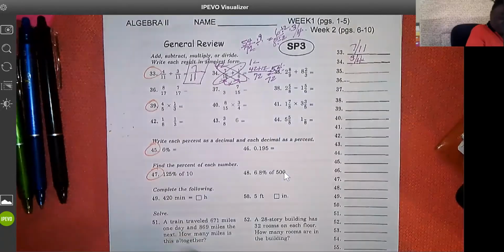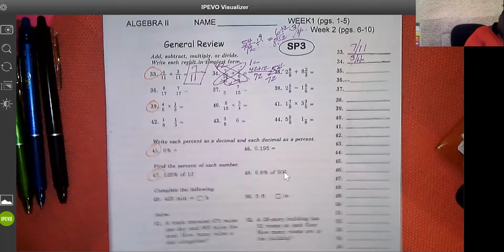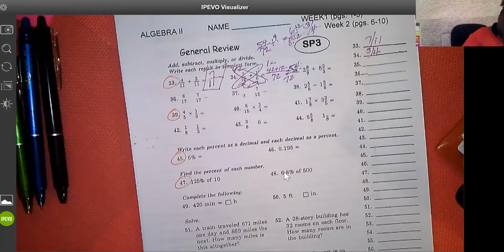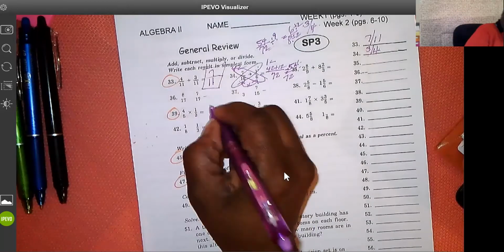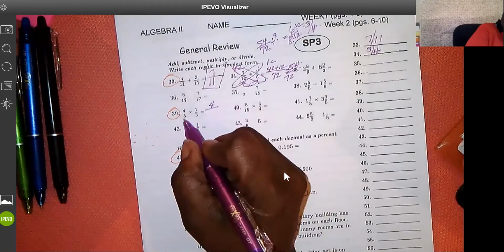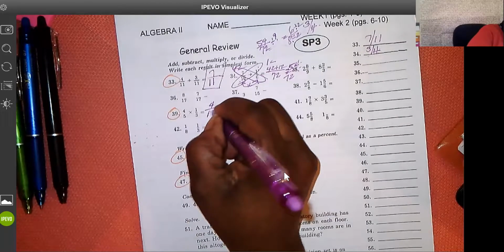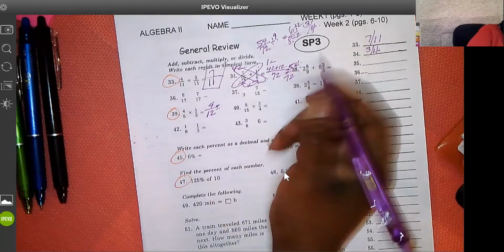So moving on, now we are going to multiply fractions. When we multiply fractions, we can either just multiply the numerators and then multiply the denominators. That's one way. So we have 4 times 1, which gives us 4. And 5 times 3 gives us 12. Well, again, we know we can simplify that.